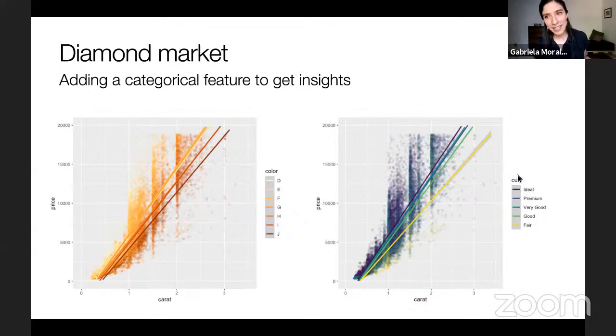And regarding the cut, you could just get good, or even if you want to go a little higher, you could get good or very good diamond cuts and still sell the diamonds at a very high price, which is different from the fair. Fair really goes, like, the slope is not as steep. It's not as good to buy the ideal diamonds.